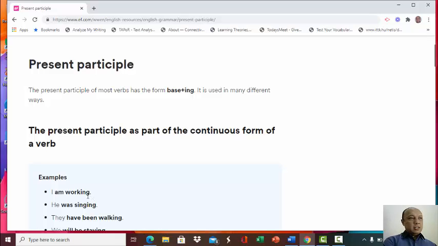Or present continuous tense. Am is the be and working is verb ing. Verb 1 plus ing. Was is the be in the past, yeah. And the progressive is expressed by the present participle, sing plus ing. Verb 1 sing plus ing. Okay, that's the present participle.